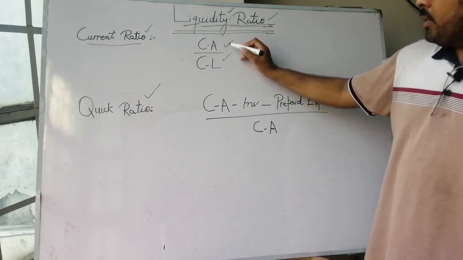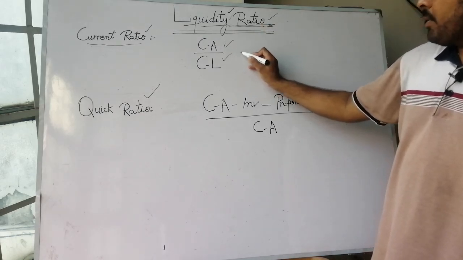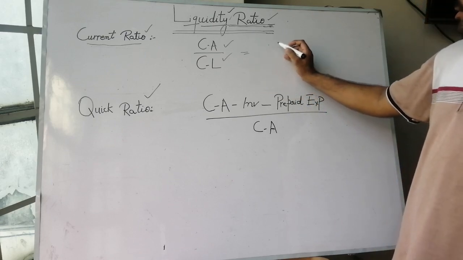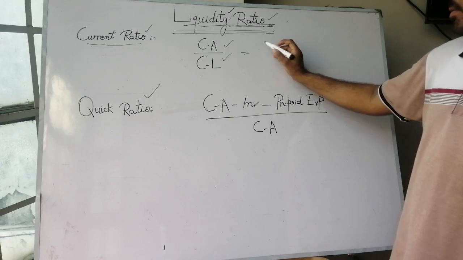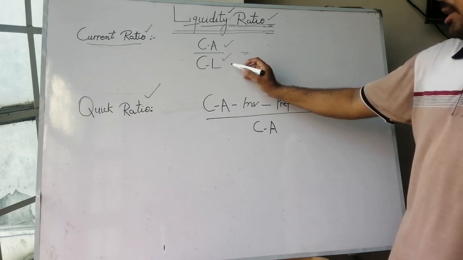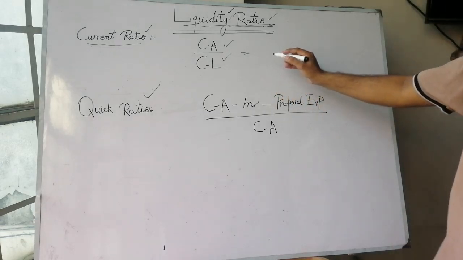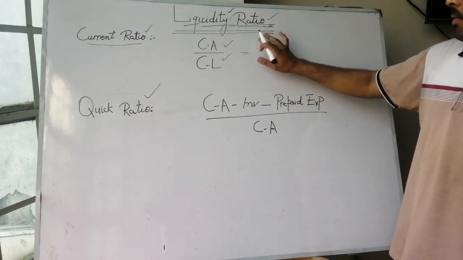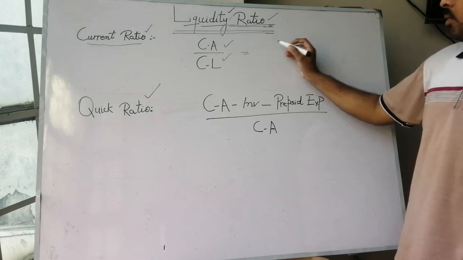So what you will do is put in the values: current assets, the assets which are used for less than one year, and likewise the liabilities which will mature in less than 1 year. So you will put these values and calculate.